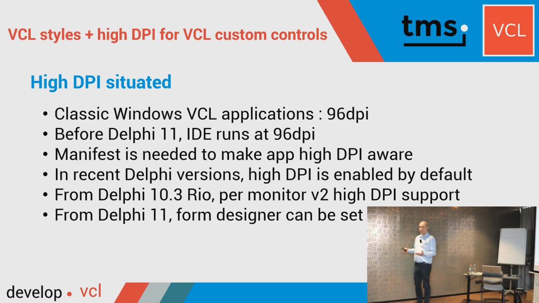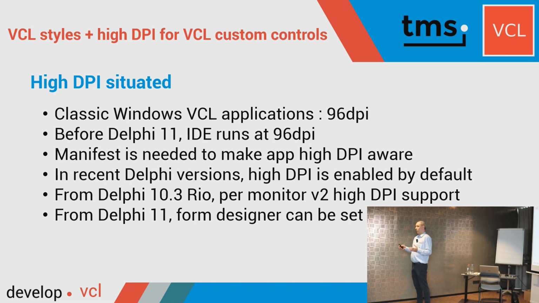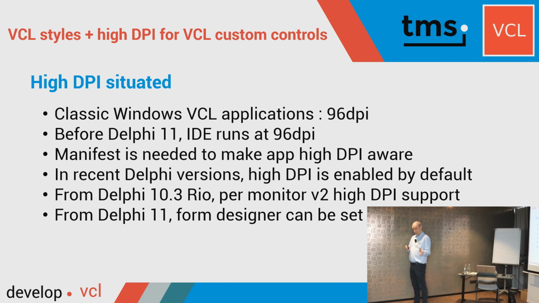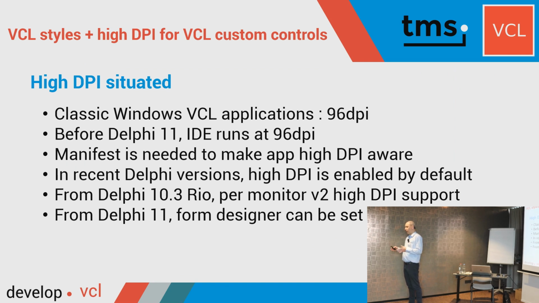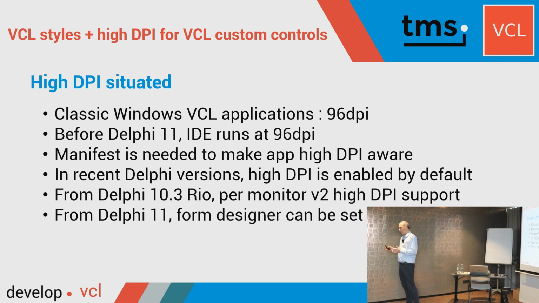In addition to that, Delphi 11 introduced that the form designer, which was before also all the time 96 DPI, could be changed in the IDE, not being 96, but adapting to the screen DPI. And so it's an option. You can select it as you want it. And that was with Delphi 11 the first time.